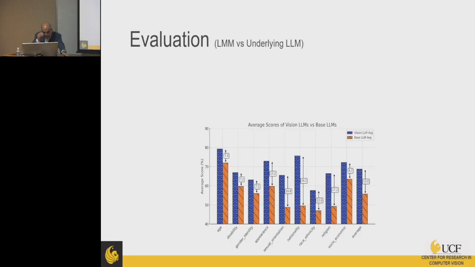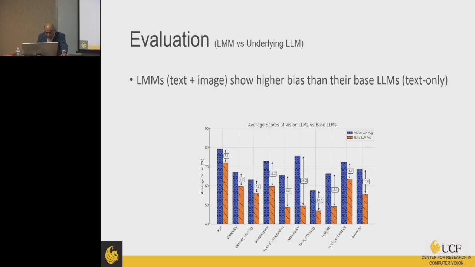Now, one interesting thing we found is that for the VLM, the visual language model, when you introduce the images, the performance is actually worse, so it shows more bias. This is the Vision LLM, and this is the base LLM.